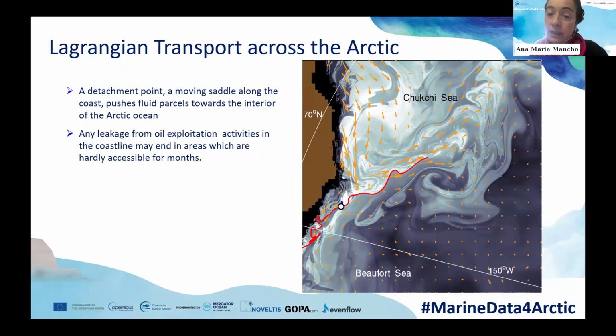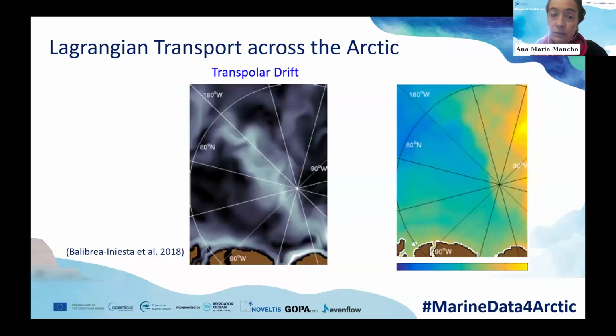And then what we see is that all this area can be very inaccessible for remediation during several periods of the year. So we think that this exposes the risks of this exploitation.